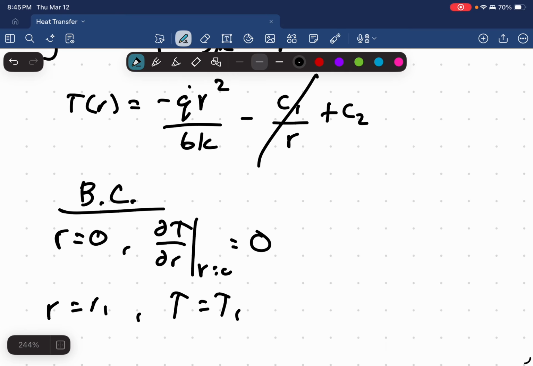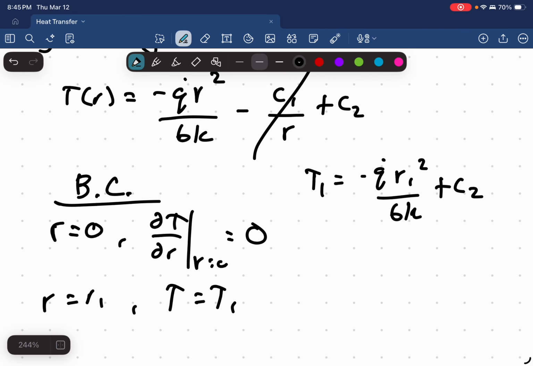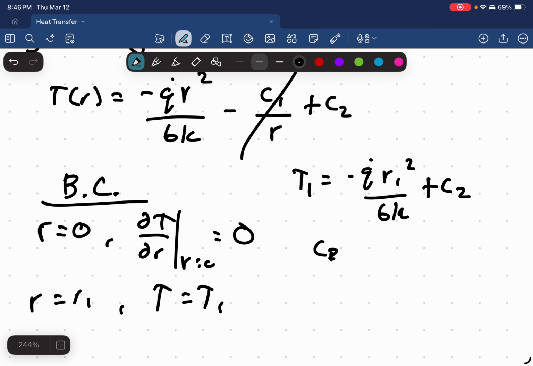So we're going to replace T1 into the T of R equation right here. So T1 equals negative Q dot R1 squared over 6k plus C2. And now we solve for C2. And so that's going to be T1 plus Q dot R1 squared over 6k.